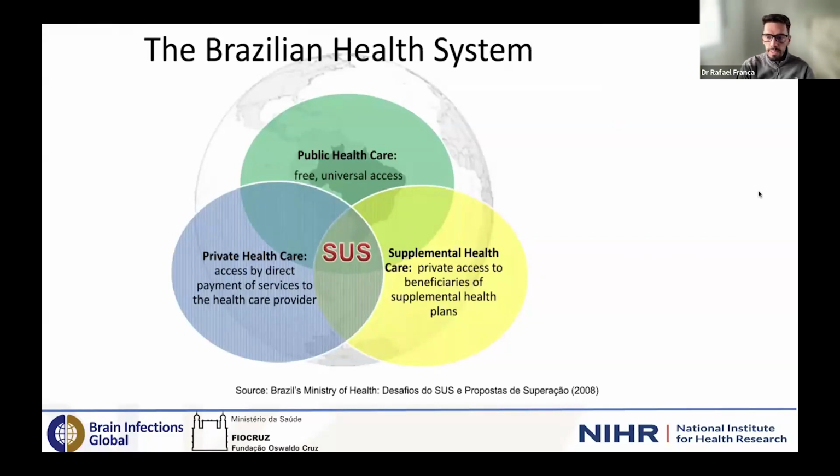Actually, around 9% of the Brazilian population relies on the use of the public system. And of course, this represents a challenge when you have a large proportion of the population seeking medical care. You have overcrowded hospitals and many gaps and many things that need to be improved. Thus, the public system is always overcrowded and lacks resources.